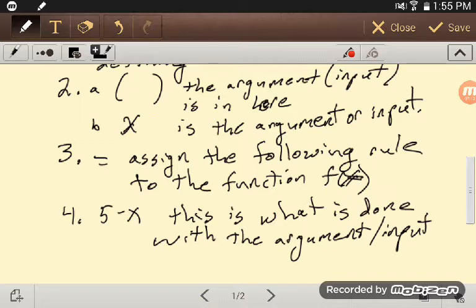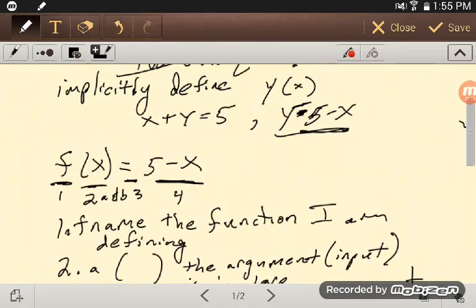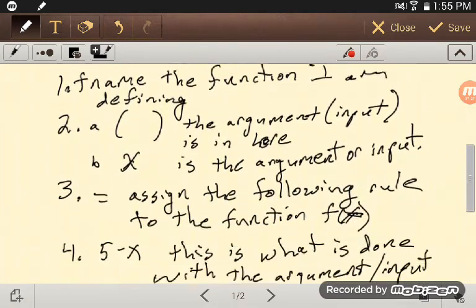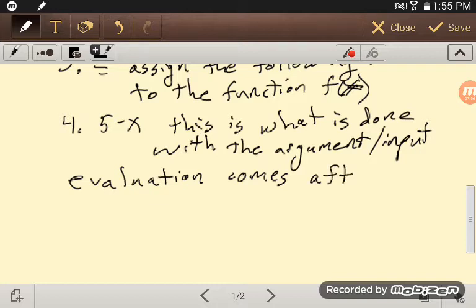So this is what's done with that argument or input, and so that's what's involved in defining a function. So that's a function definition. Then evaluation comes after definition.